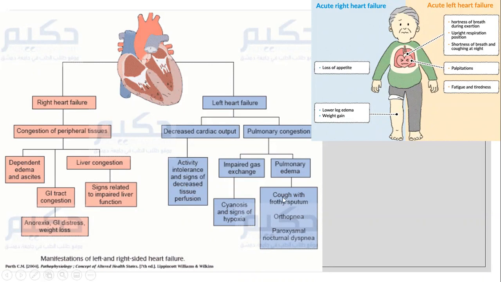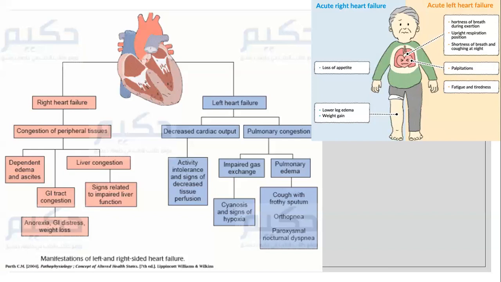So a persistent cough, with blood or frothy mucus, is the cardinal sign of left side heart failure. Shortness of breath, especially when the patient lies down in bed or wakes up from sleep due to shortness of breath, is a common sign. Also, the patient generally feels weakness and fatigue.